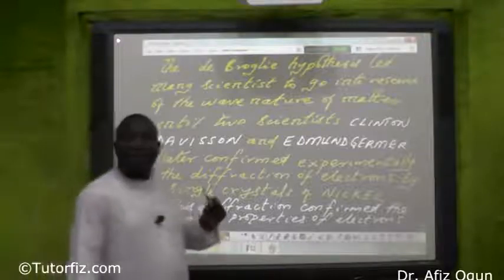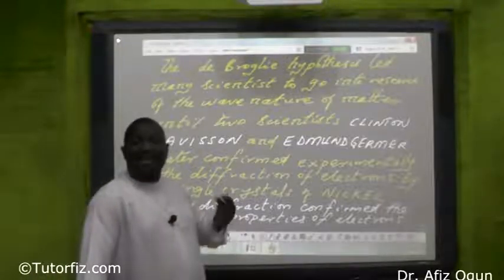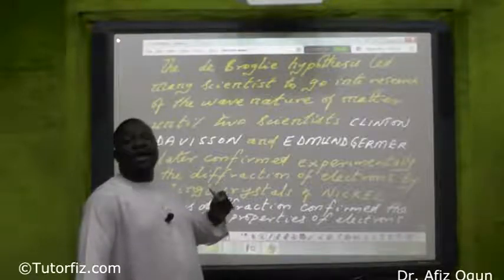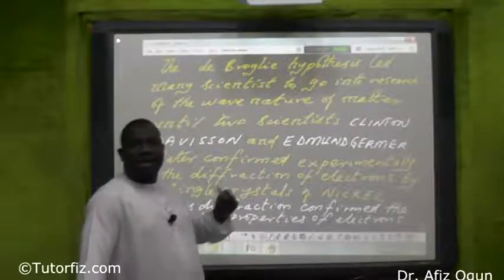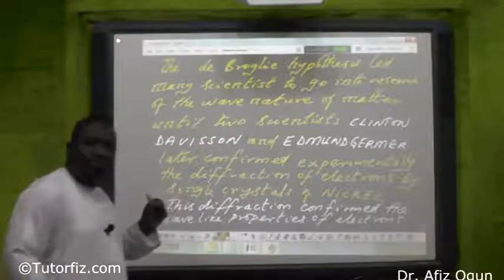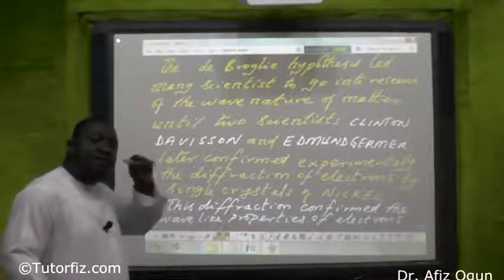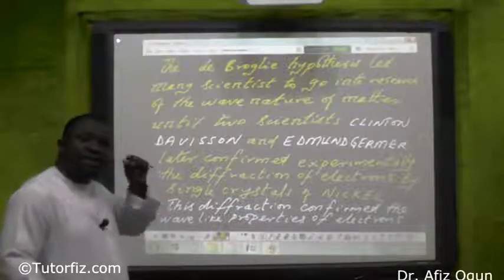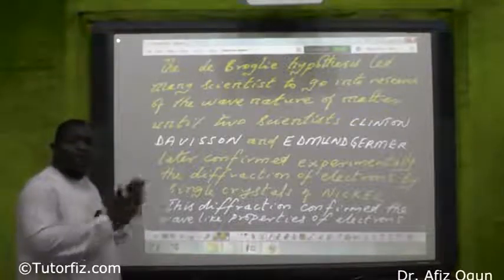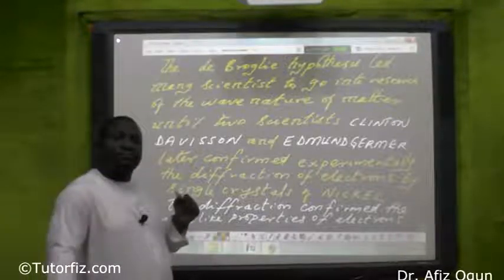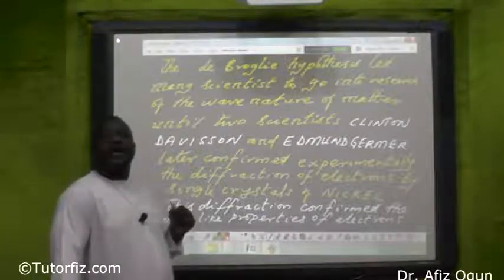Because if we are diffracting electrons and we are saying electrons have wavelength, the electron must pass through a gap. To show diffraction, the gap must be small enough, equal to the wavelength of that electron.